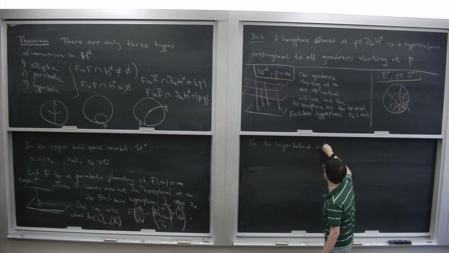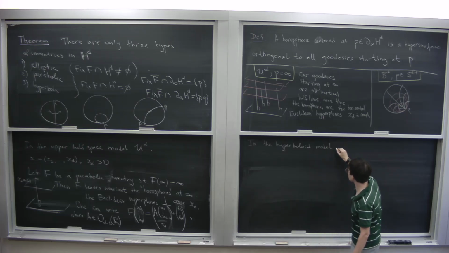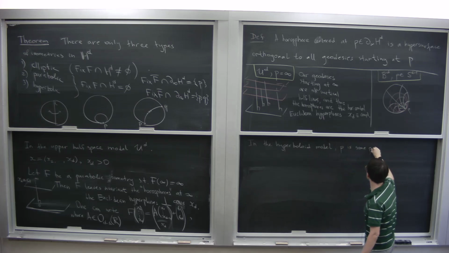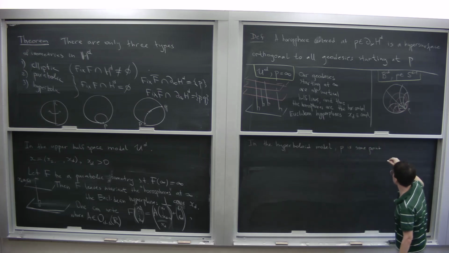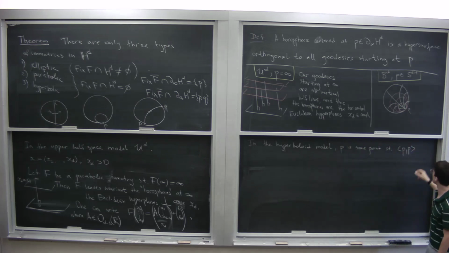P is some isotropic vector, some point such that the Lorentzian scalar product of P with itself is 0.